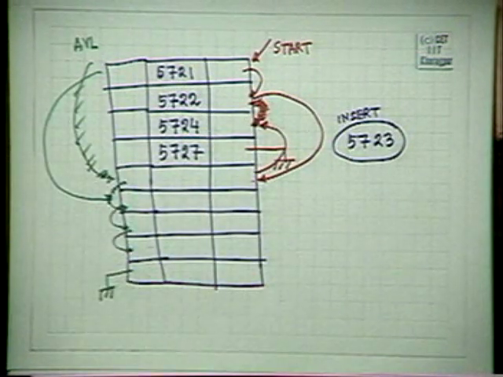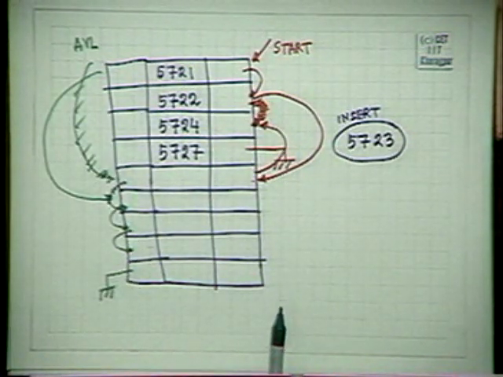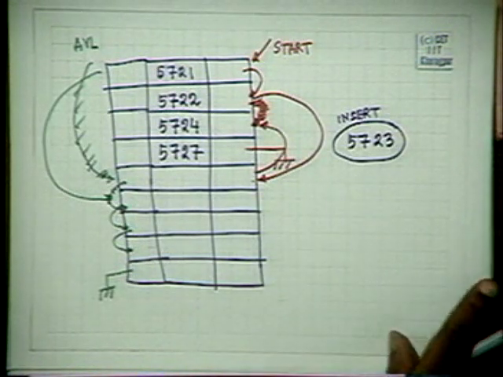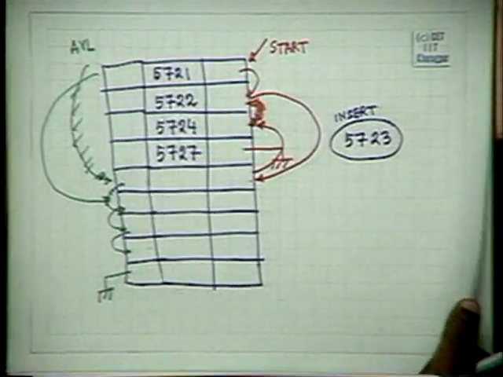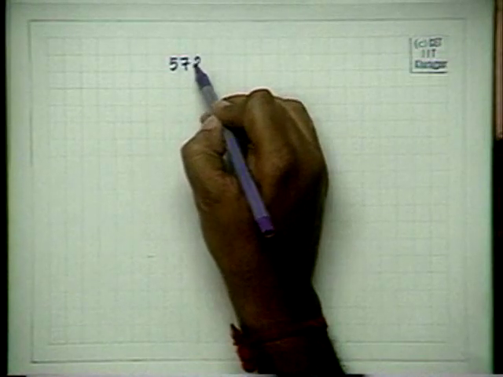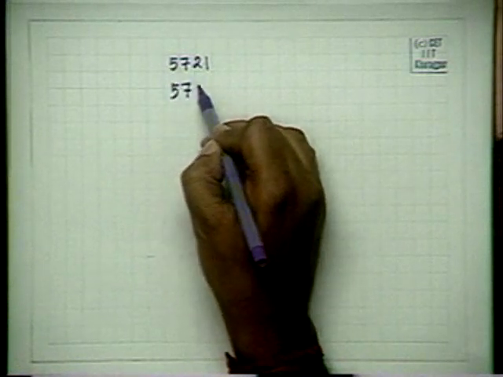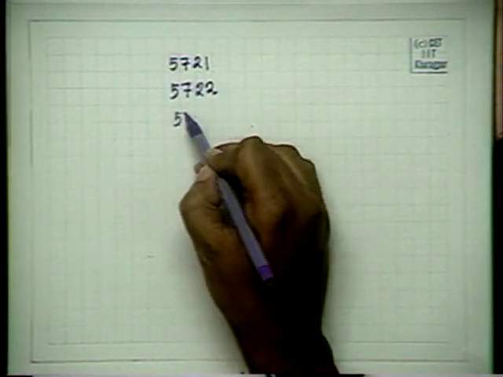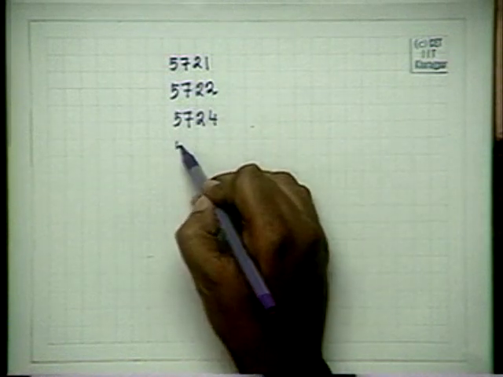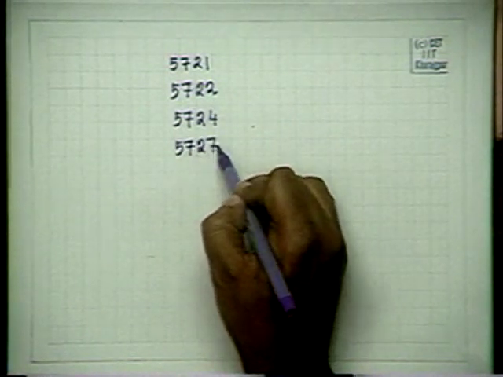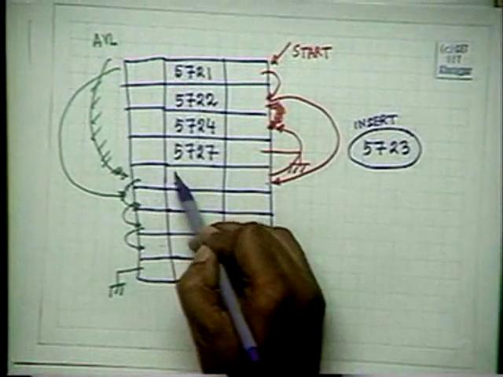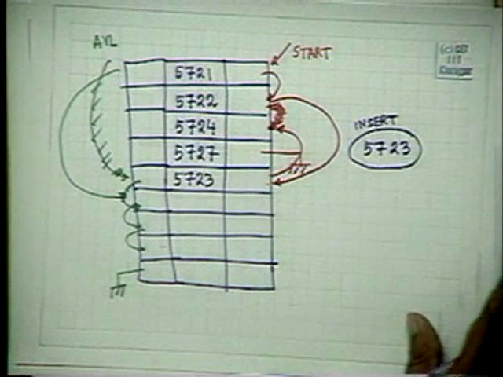So we have got this available list. Now at this point of time, I'll just redraw it, because since we cannot erase, I'll redraw it so that we can understand deletion better. Otherwise the diagram gets very cumbersome. Here actually we have inserted 5723 here at this point.